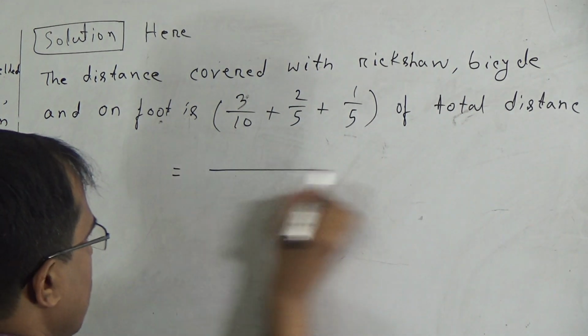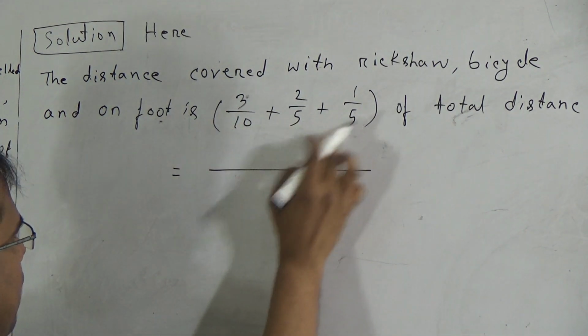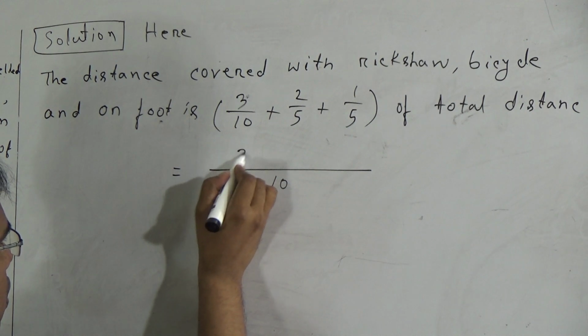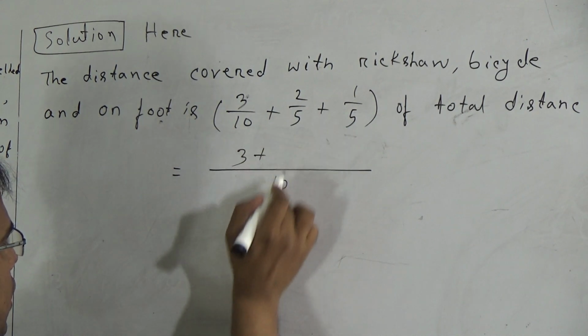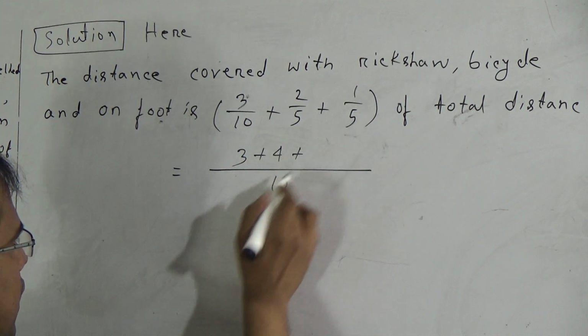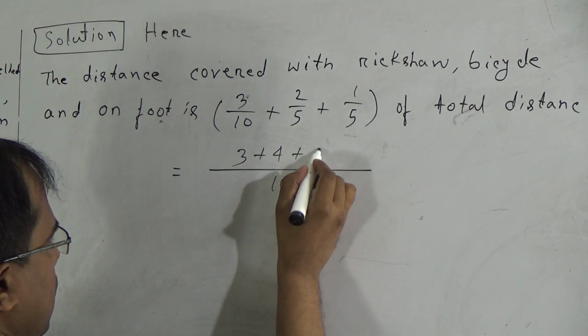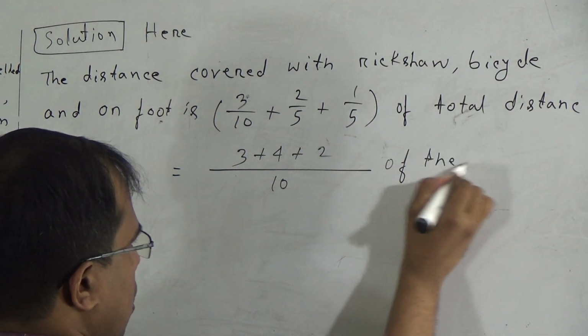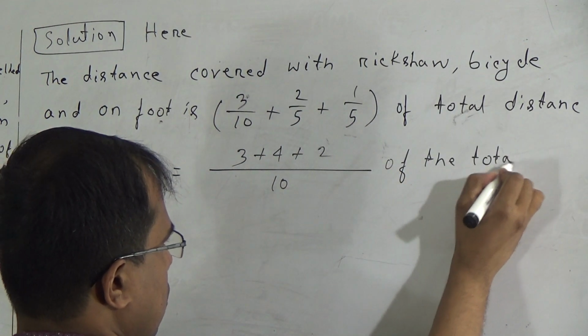Now denominators of 10, 5 and 5 is 10. Now if we divide 10 by 10, it will be 1, 1 multiplication 3 is equal to 3, plus 10 divided by 5 is equal to 2, 2 multiplication 2 is equal to 4, plus 10 divided by 5 is equal to 2, 2 multiplication 1 is equal to 2 of the total distance.